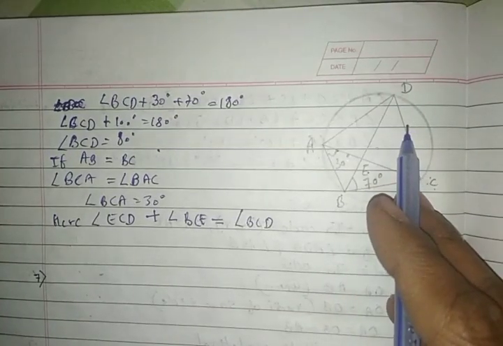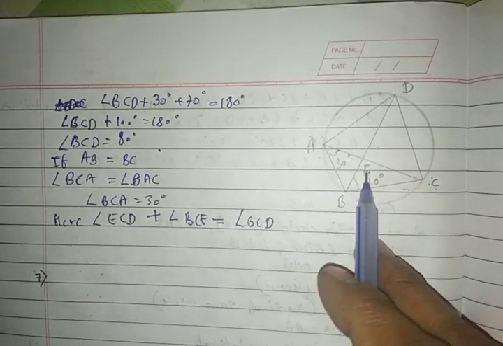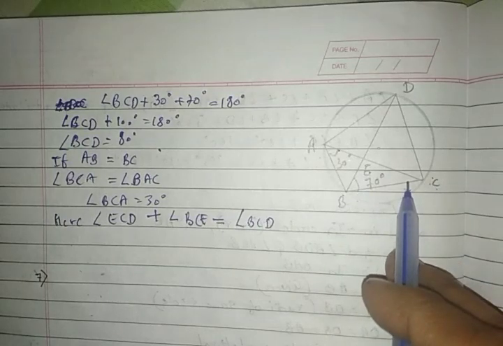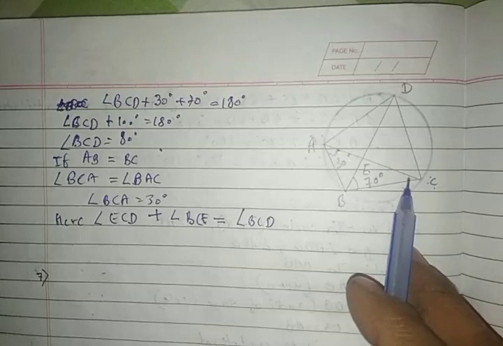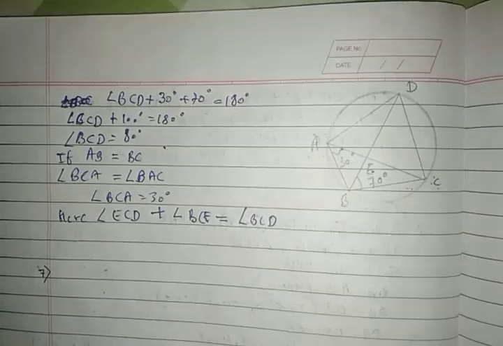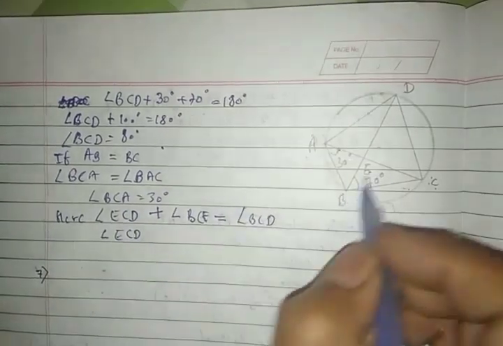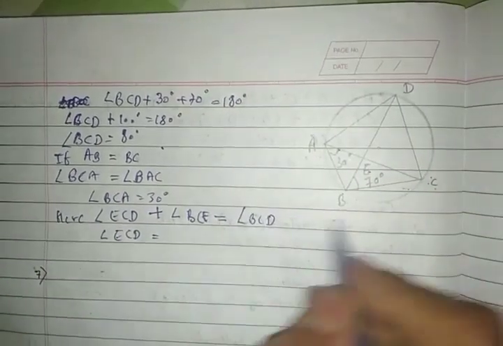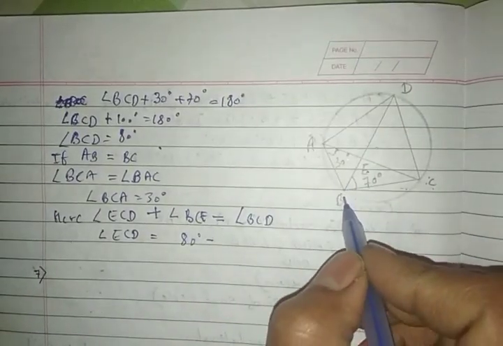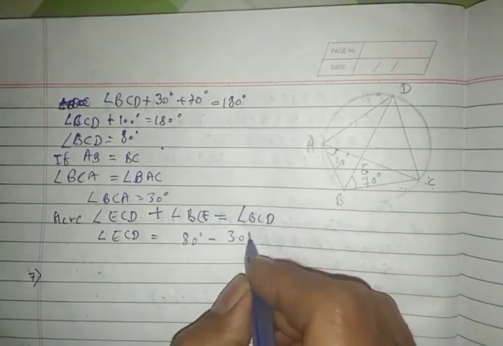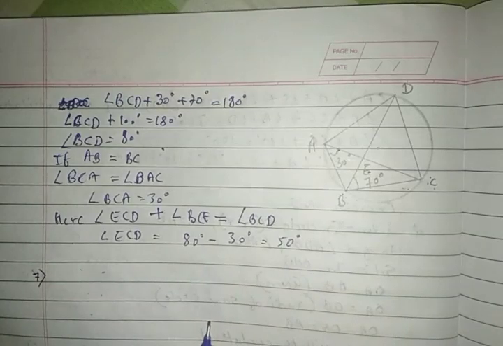ECD plus BCE, this plus this is how much? It is 80 degrees. So now you will find the value of angle ECD equal to this BCD is 80 and this BCE is 30. So when you subtract, you will get the value of ECD as 50 degrees.